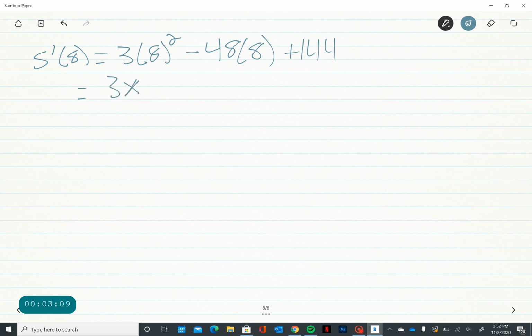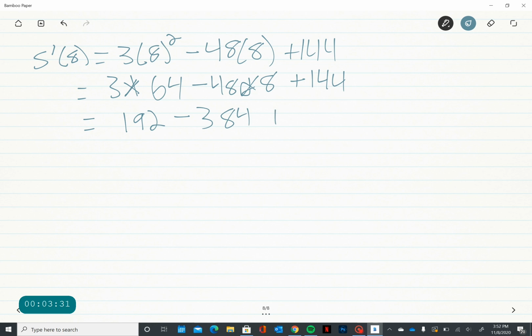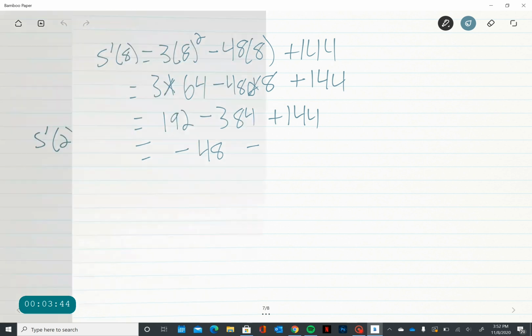This becomes 3 times 64 minus 48 times 8 plus 144. Simplify even further. 192 minus 384 plus 144. That gives you a final answer of negative 48. So it's negative, so it's moving backwards in the negative direction.